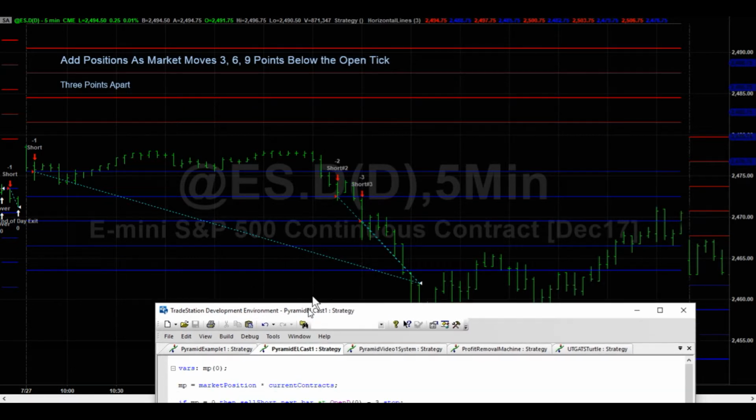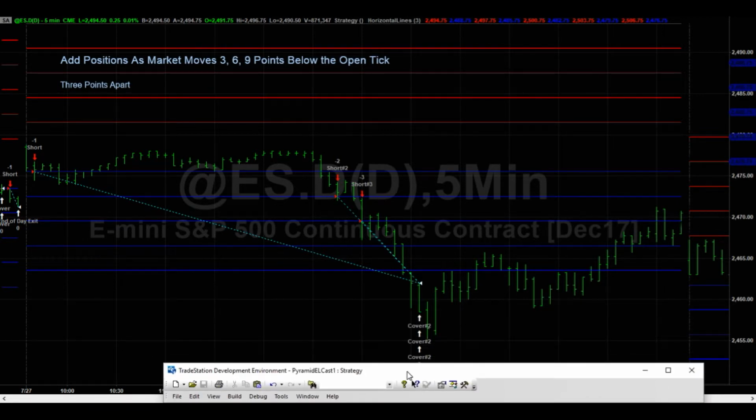Now, the harder feature is the trailing stop mechanism. We sold here, we sold here, and we sold here. Now we've got to tell the computer, once the market does make a new low, we want to trail that low. In this case, I'm going to use 3 handles. I'm sticking with 3 on everything, just to make things simple. So once this new low has been put in, I want to trail the stop 3 handles from that new low.